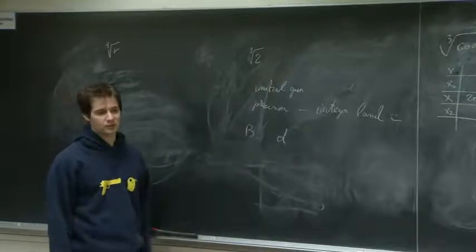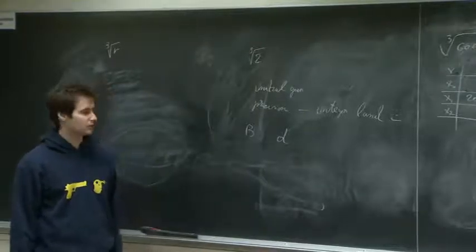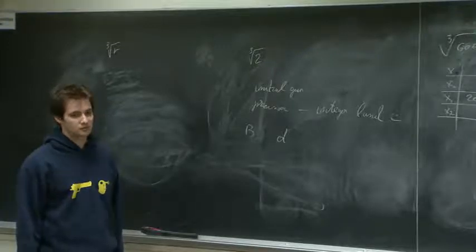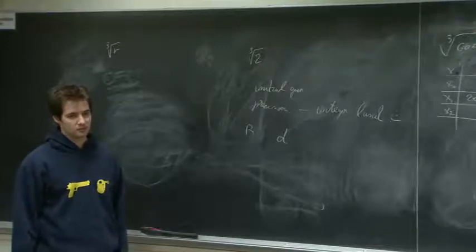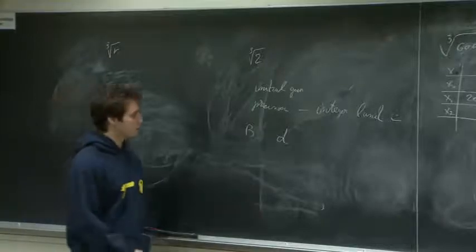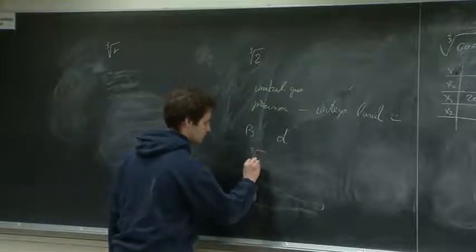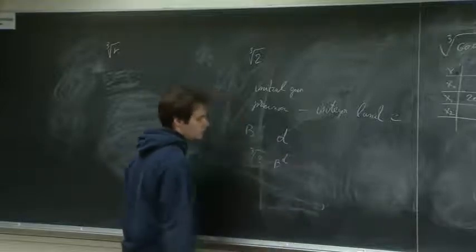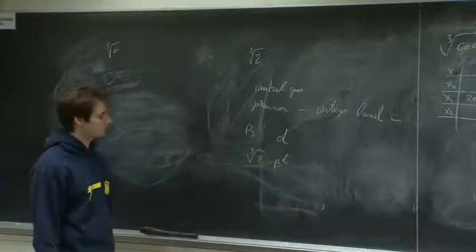What do I want to compute? How do I transform the problem in that way? You multiply cube root of 2 times b to the d. Okay, so we want the answer to be 2 times b to the d. And if we're in integer land, what are we actually going to get?